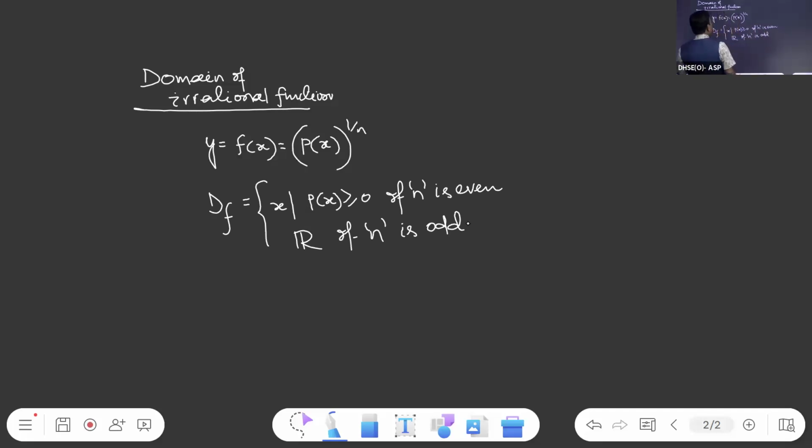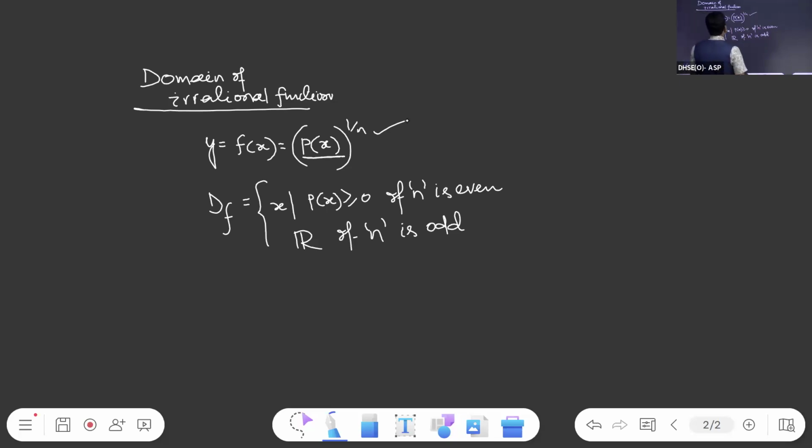Since we are dealing with real valued functions, if p of x takes a negative value and n is even, the even root of a negative number is an imaginary number. Neither the input nor the output can be an imaginary number. If a function gives an imaginary value for some x, then the function is undefined at that point.